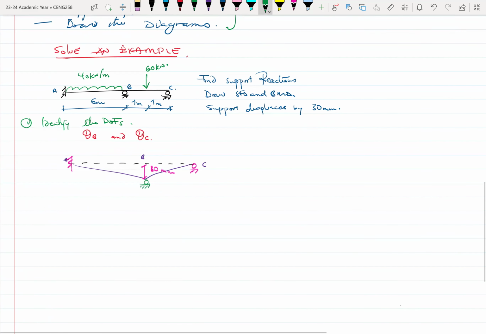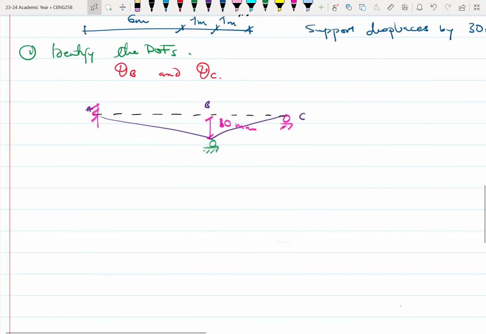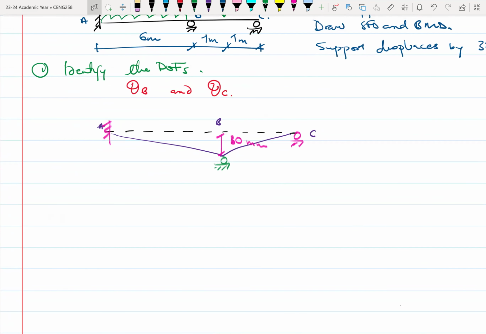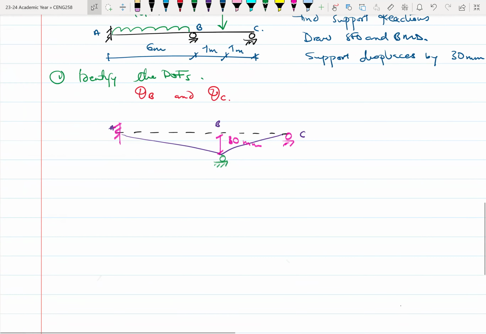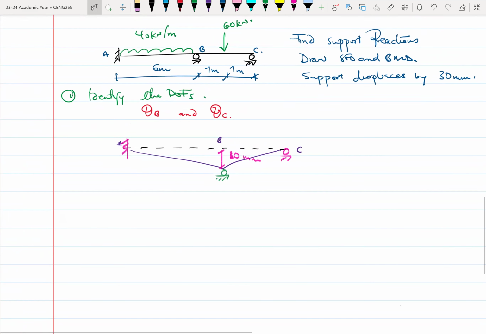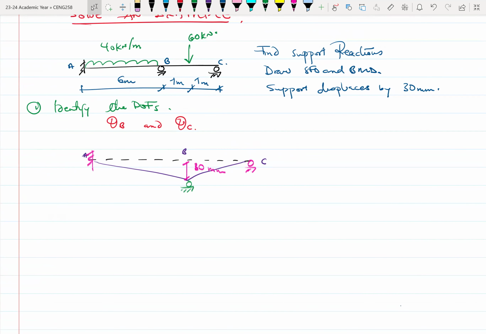Once we identify our DOFs, theta B and theta C, our first point would be to find the fixed end moment.